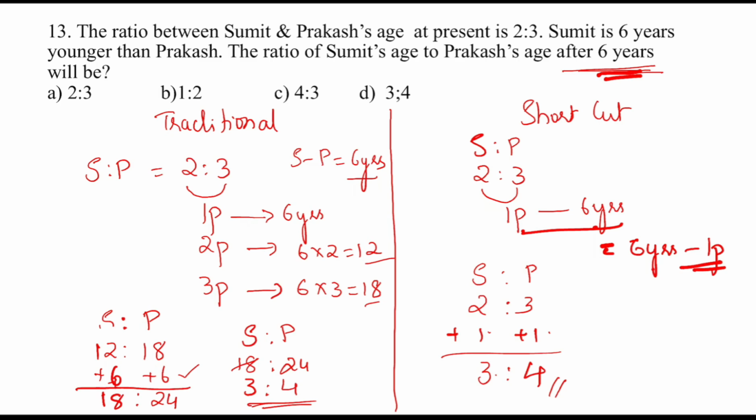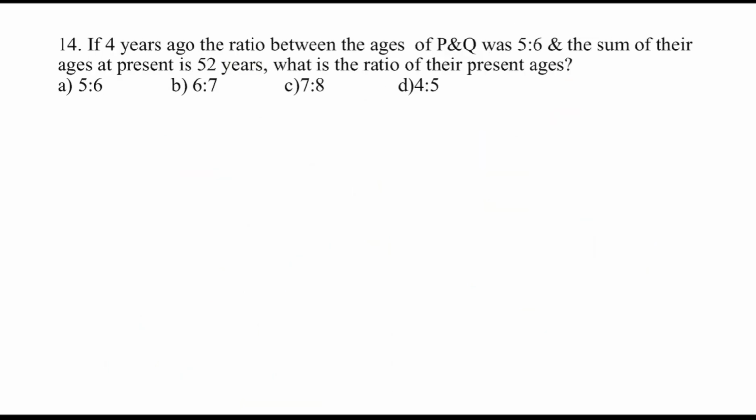Next problem. If 4 years ago the ratio between the ages of P and Q was 5:6 and the sum of their ages at present is 52 years, what is the ratio of their present ages? Okay.